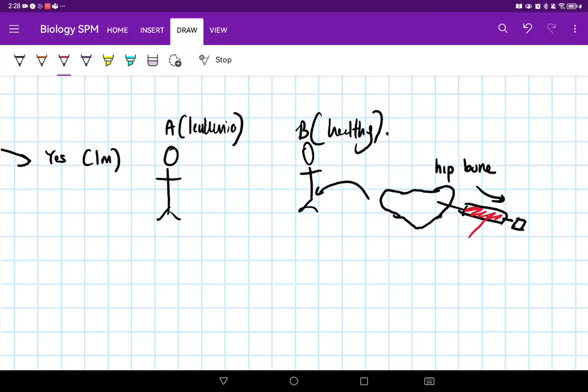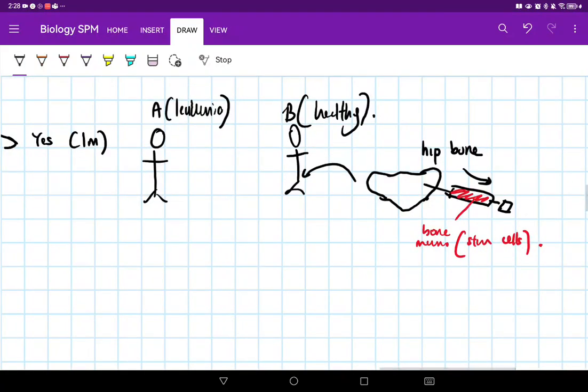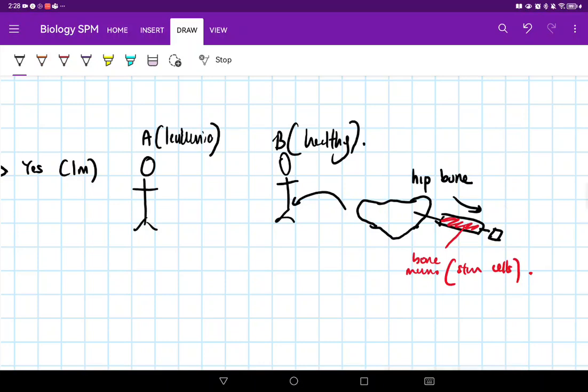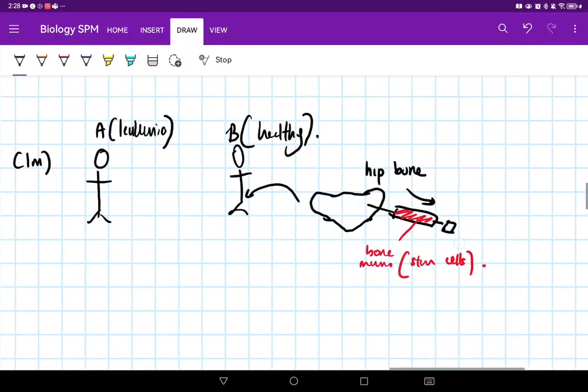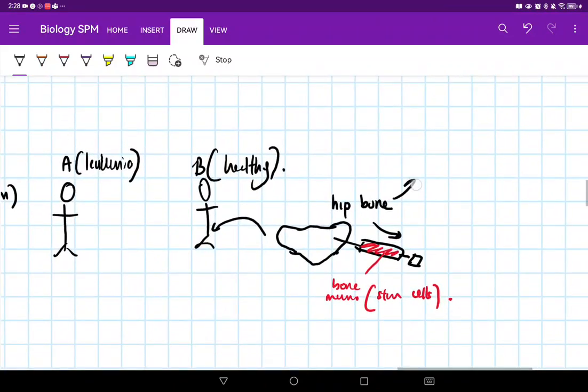So this is your bone marrow. And what does bone marrow have? They have stem cells. Okay. Now you ask me, why hip bone? Why not your rib cage or any other bone? Because number one, hip bone is rich in bone marrow. Okay.